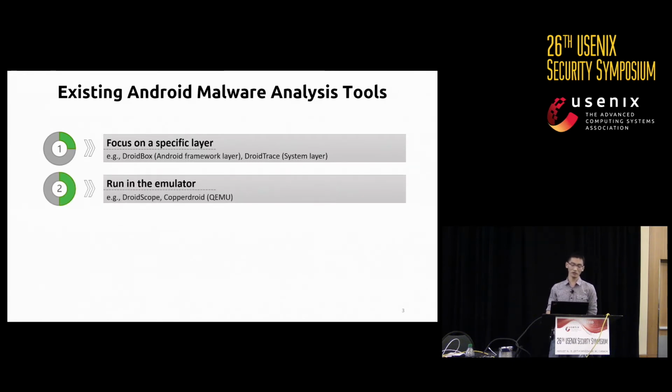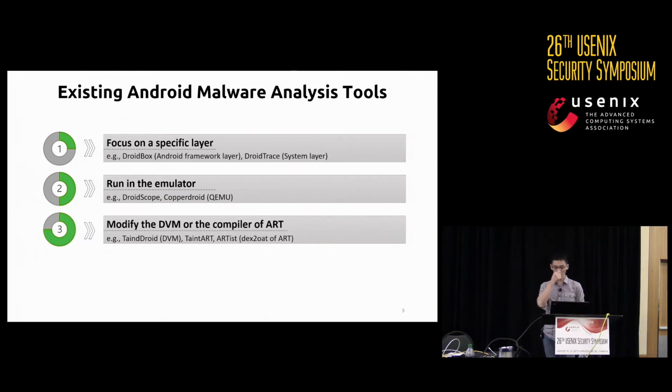Second, some of these tools are implemented based on Android emulators, such as DroidScope and CopperDroid. Both tools are implemented based on the Android emulator QEMU. Third, there are also some tools that need to modify the implementations of the Android runtime or the compiling tools of ART.